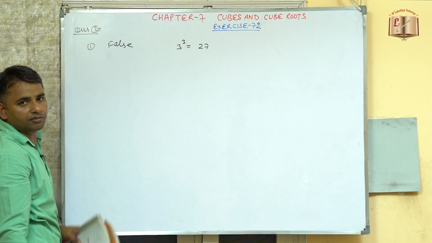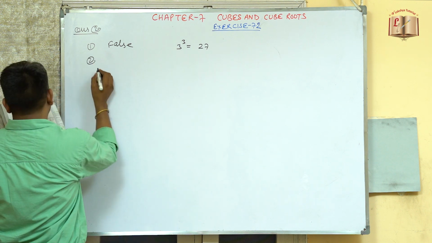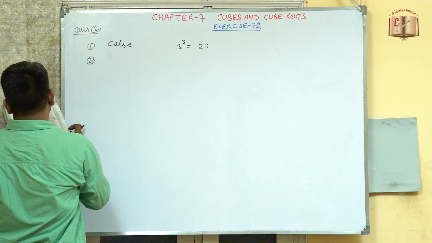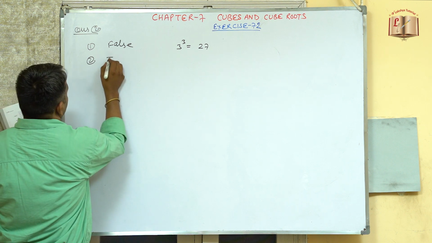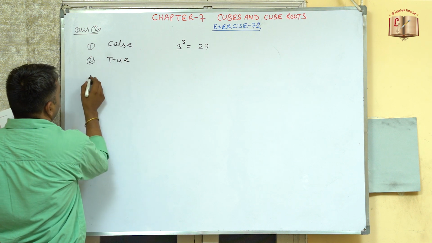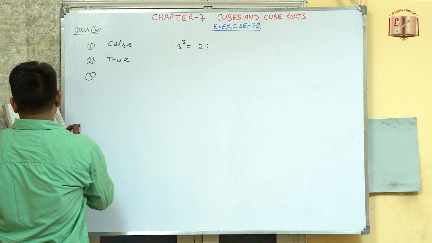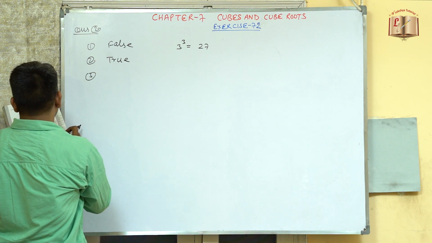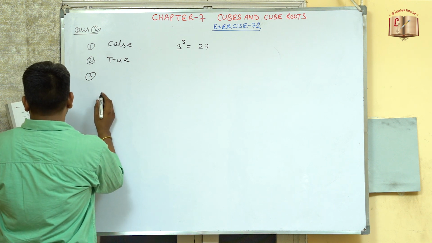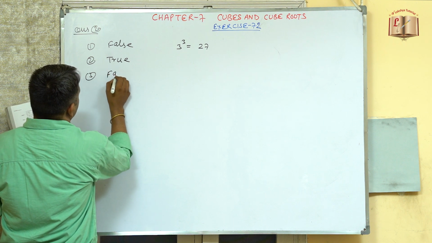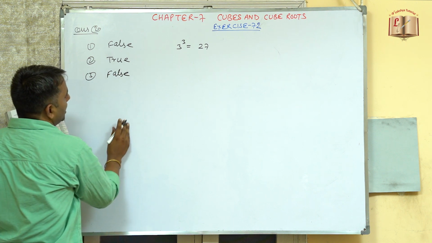So this is not an even number. The second one: a perfect cube does not end with 0. This is true, it will never end with 0. Third part: if the square of a number ends with 5, then its cube ends with 25. No, this is false because it will end with 5 only.